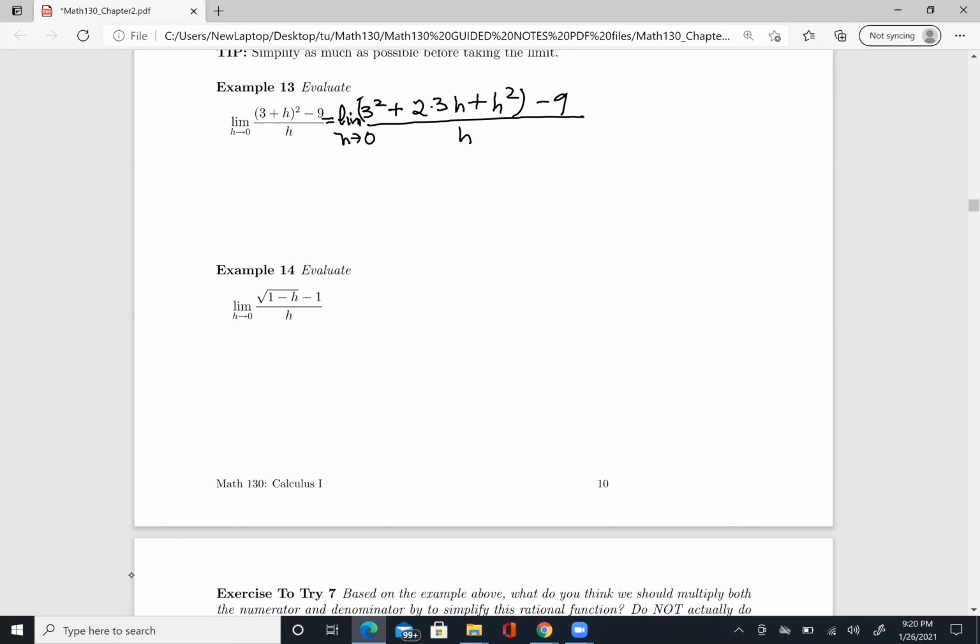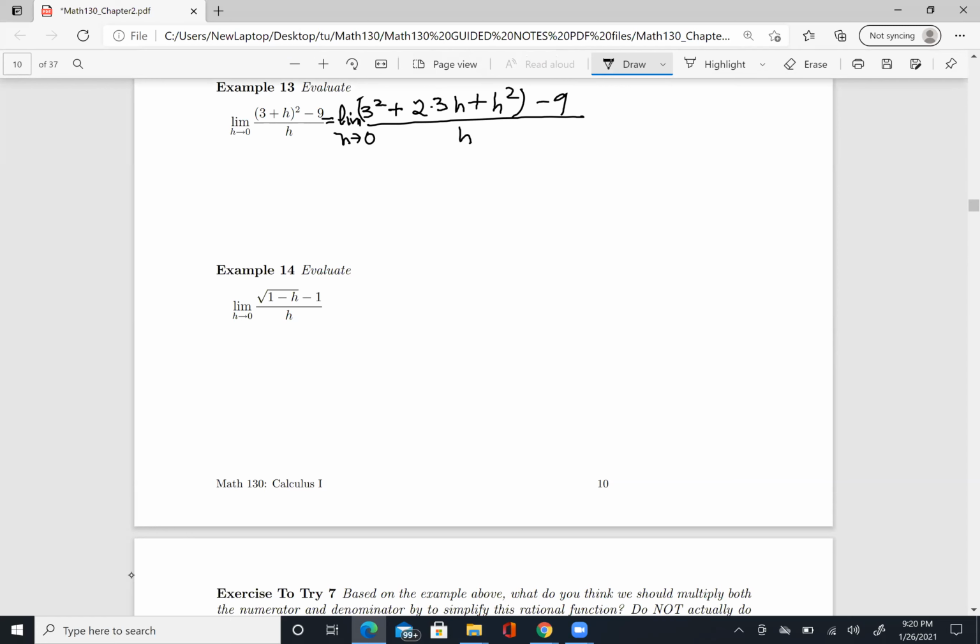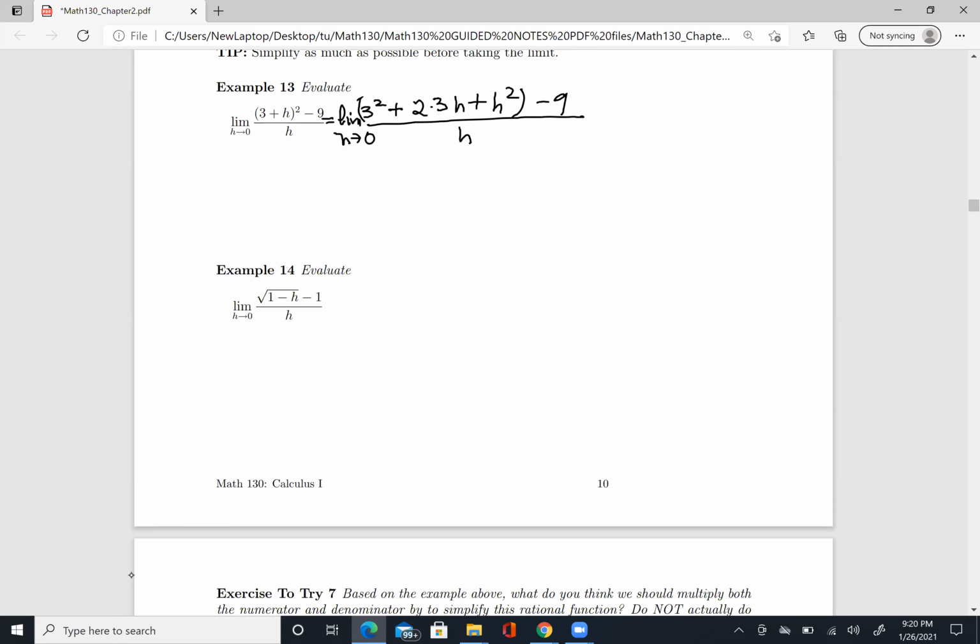So you have to factor it. But before factoring, for this case, I would love to distribute first and try to combine like terms and see what happens.